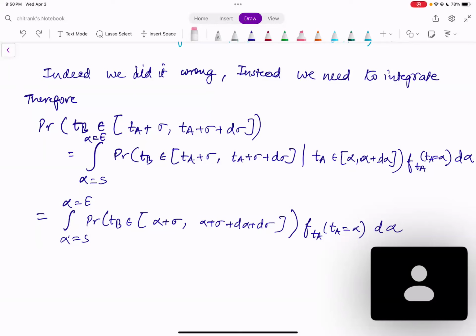So the earlier conditional probability that we set out to calculate is actually nothing but the probability that TB lies in the range alpha plus sigma to alpha plus sigma plus d sigma plus d alpha. All I did was substitute in the values of TA, because what you want to calculate is conditioned upon that event. We assume that TA lies in that range, so all we have to do is substitute in the values.